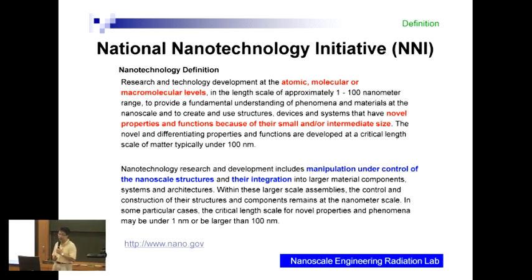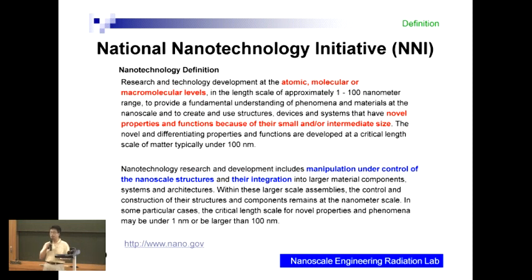And what I want to emphasize are put in red color. We are talking about atomic, molecular, and macromolecular levels. And then the other thing I want to emphasize is that basically you are talking about novel properties or functions because of tiny scale. So if you remember at the beginning of this class, I emphasized what?